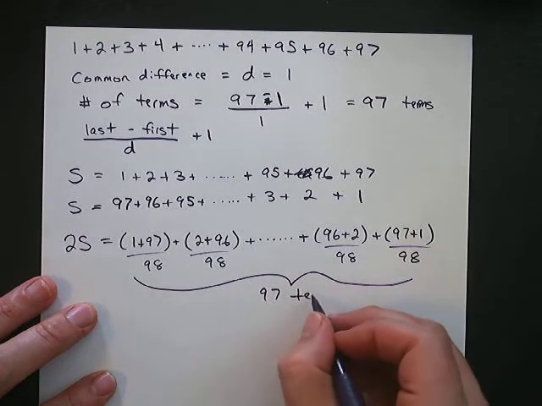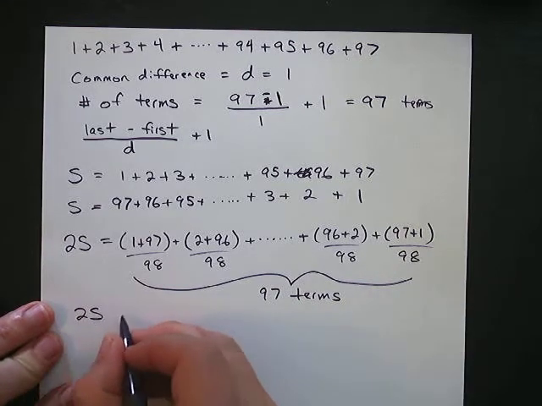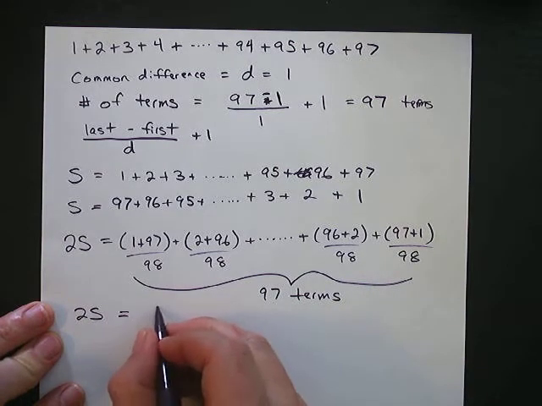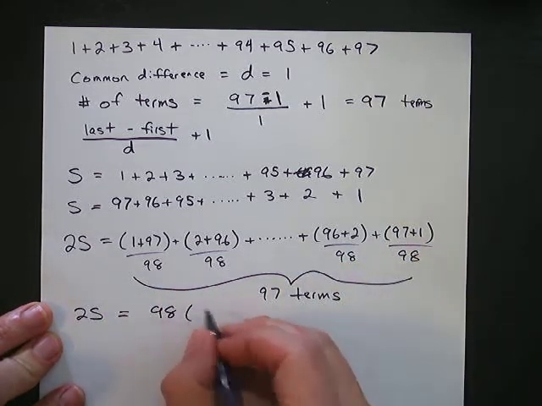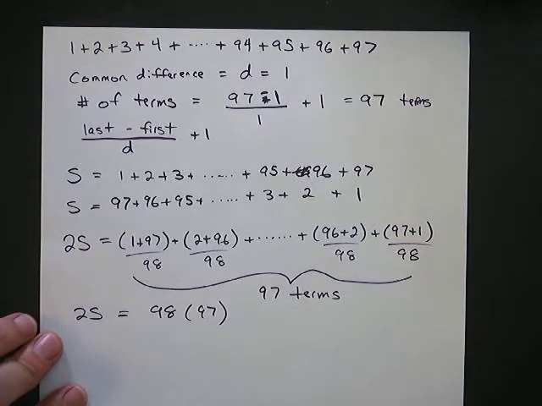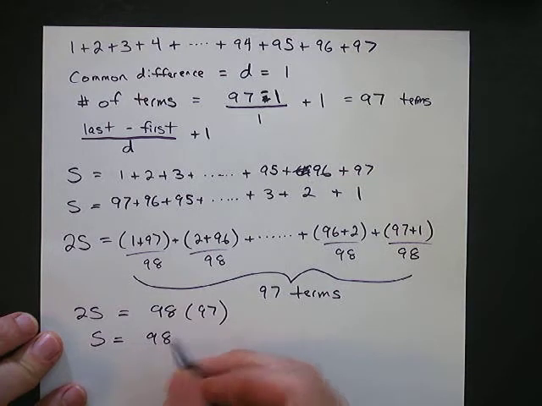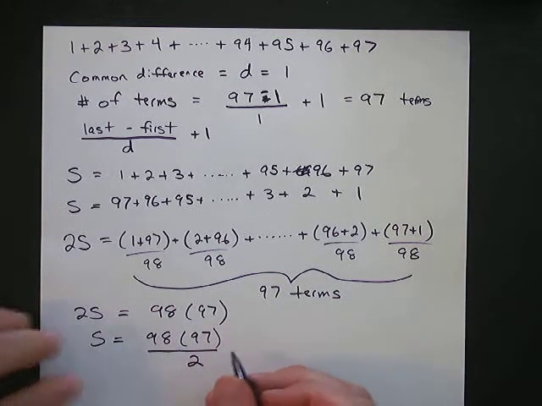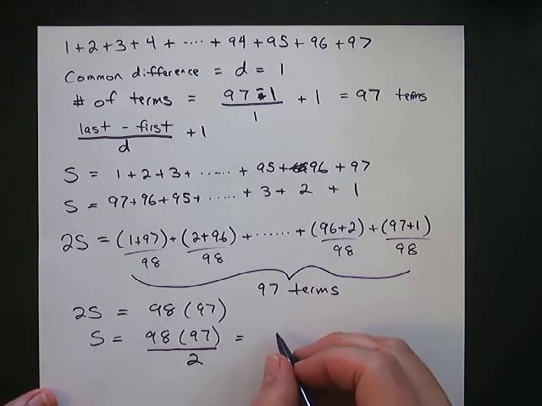So 2S is equal to 98 times 97, because each one of these adds to 98 and there's 97 of the 98s. Then we can divide by 2. S is equal to 98 times 97 divided by 2, and that's going to give us 4,753.